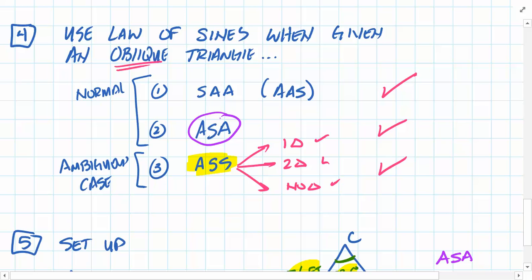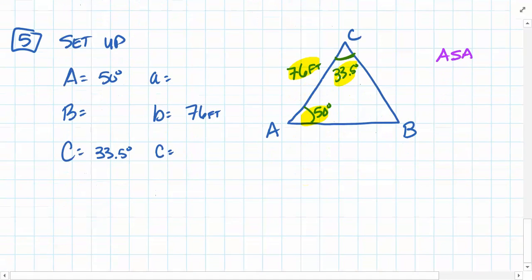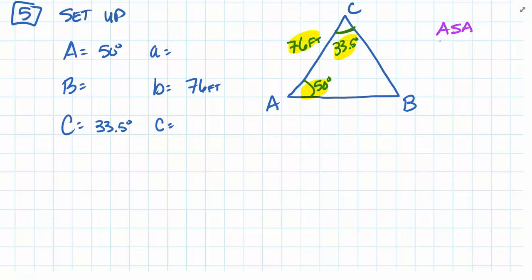Even though it's part of this lesson, just saying in general, if you didn't know, that's how you'd be clued in. And since it's an angle, side, angle, it's a normal case, I don't have to worry about the ambiguous case. So therefore, I can just proceed as I normally would, knowing that I have angle, side, angle. Sweet. Okay. So what do I know? Oh, can I get this one? I sure can. What would that one have to be?